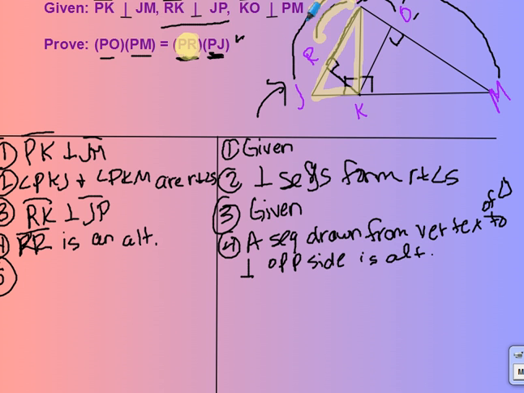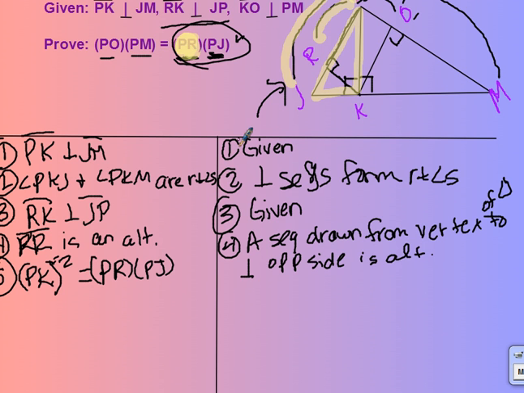I need this leg, not KJ, because KJ would give me JR and JP. You understand? So let's state that PK squared is the mean proportional between PR and PJ. We don't have to write the mean proportional, by the way. You can if you want to add an extra step to your proof, but you don't have to. Okay, we've made that statement there.